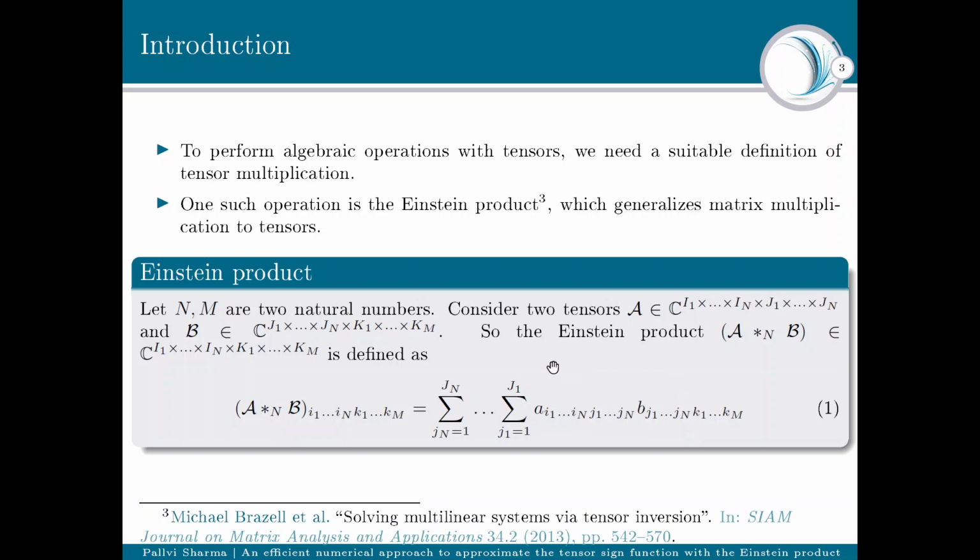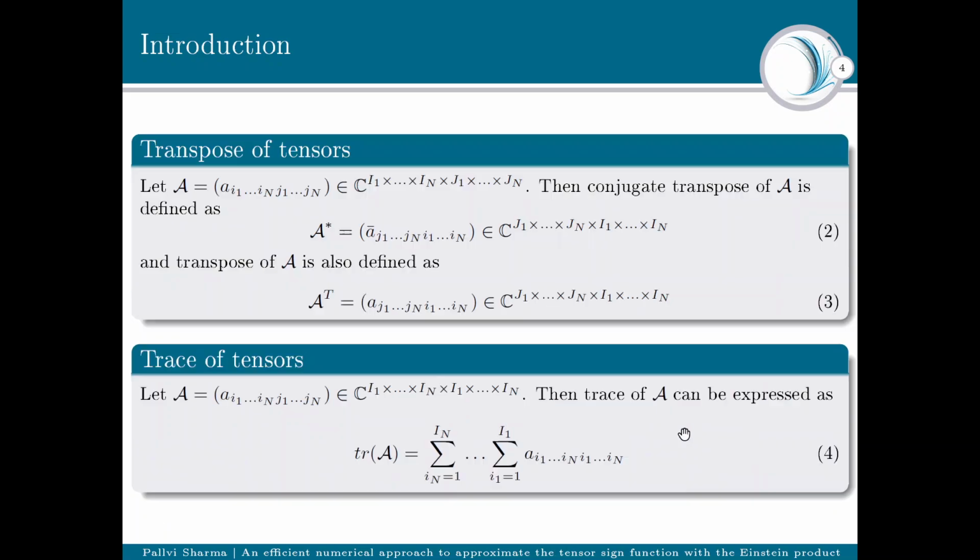So this is nothing but the generalization of matrix multiplication. If we put n is equal to 1 and m is equal to 1, then we get the matrix multiplication formula. This product has been defined in this article, Solving Multilinear System by Tensor Inversion, which was published in 2013.